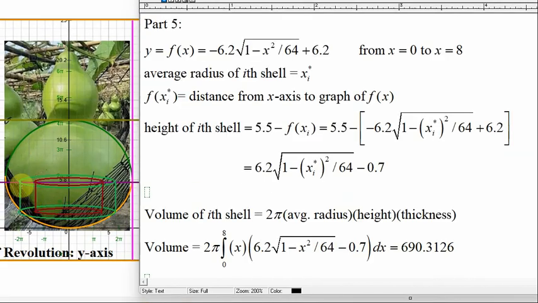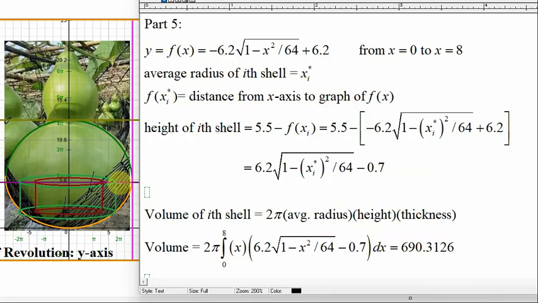And then the last portion of the squash down here, the graph is negative 6.2 times the square root of 1 minus x squared over 64 plus 6.2. And so here's the ith shell. The average radius is also x sub i star, and the height would be from the graph up to the line y equal to 5.5.